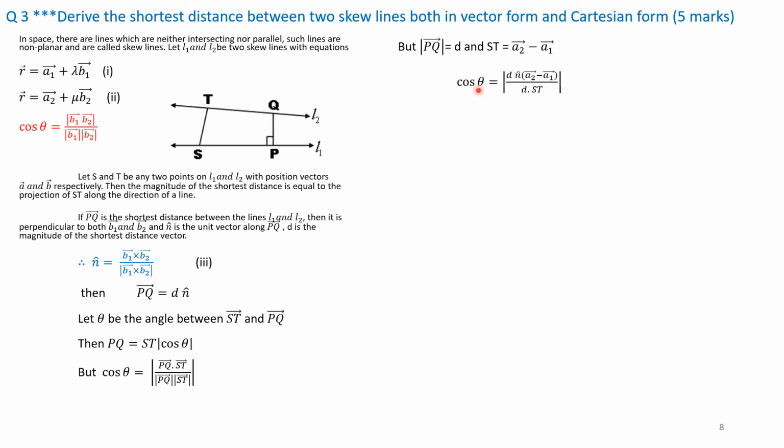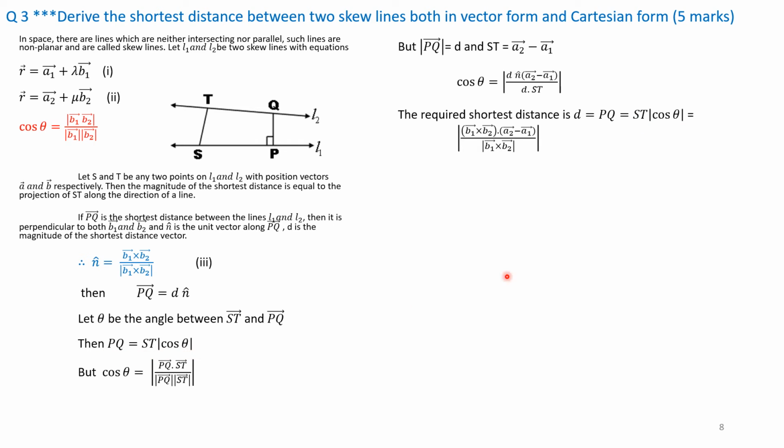Therefore, cos theta is equal to D n dot ST, that is A2 minus A1, divided by mod of PQ, which is D, and ST we will retain as it is. Therefore, the required shortest distance D is given by D equals PQ equals ST cos theta, that we have shown in the previous section.